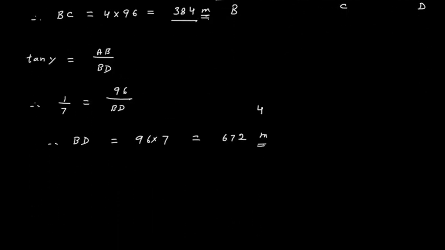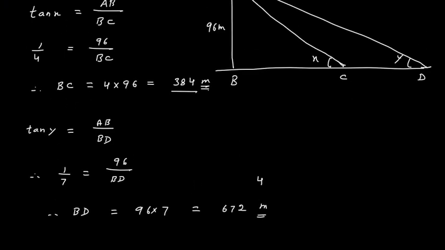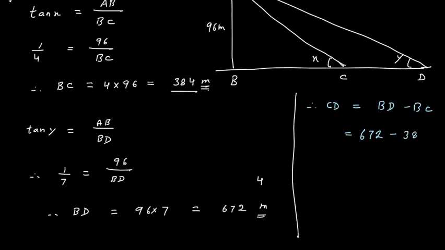Now what do I have to find? I have to find the value of CD. So CD is equal to BD minus BC, where BD is 672 minus BC, which is 384. So 12 minus 4 is 8. Then here 16 minus 8 is 8.